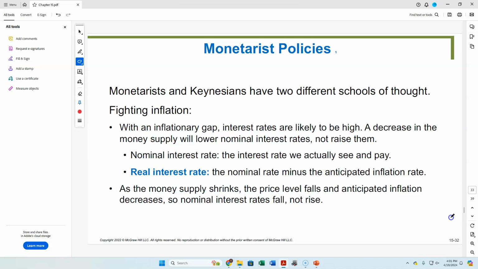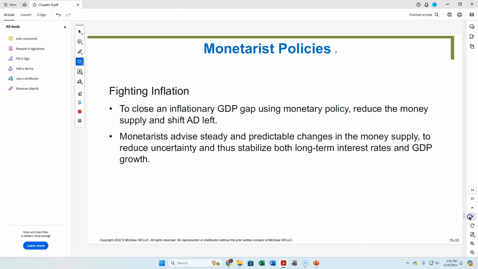The Keynesians, on the other hand, would say that we need to change the interest rates. And by changing the interest rates, we'll then change consumption and investment. You can see that largely speaking, the Keynesians still are the majority of people that we would see on the Federal Reserve today. That is how they approached the inflation of 2020 to 2022.